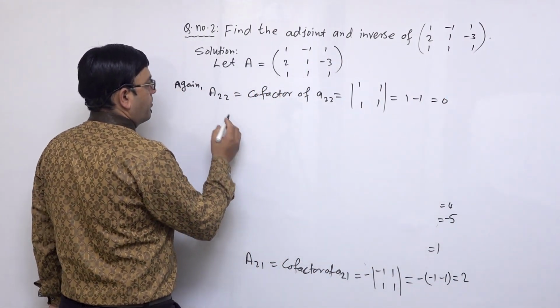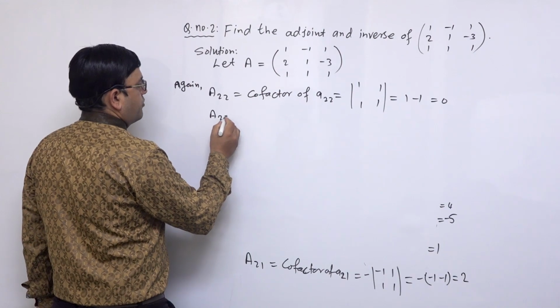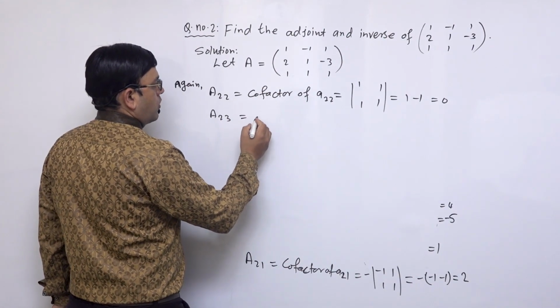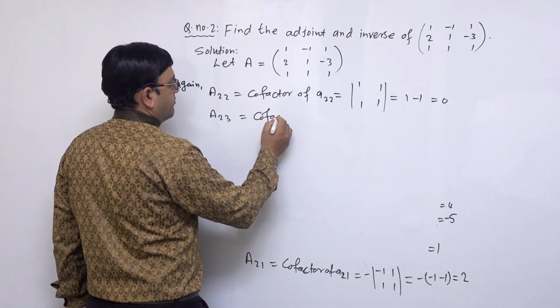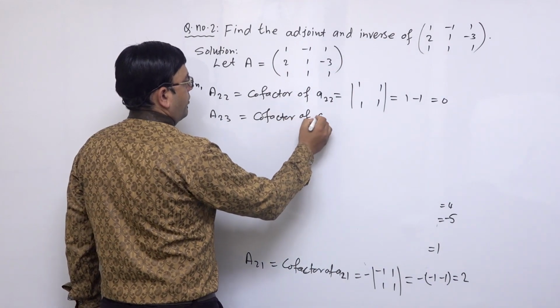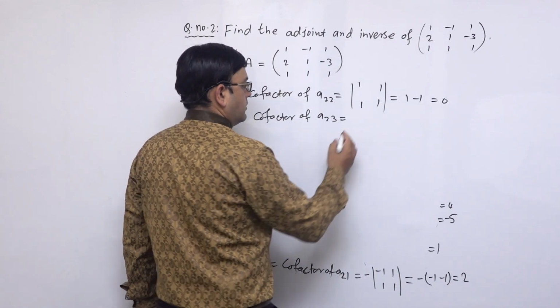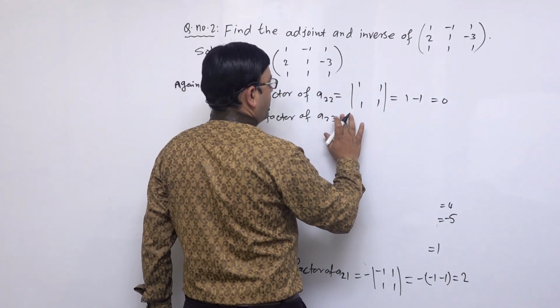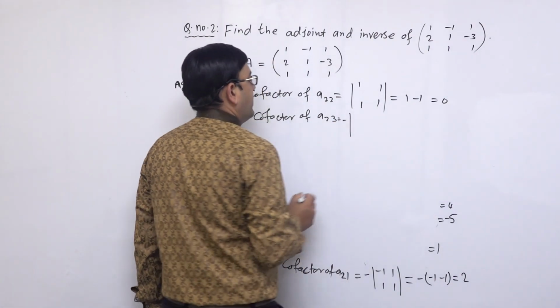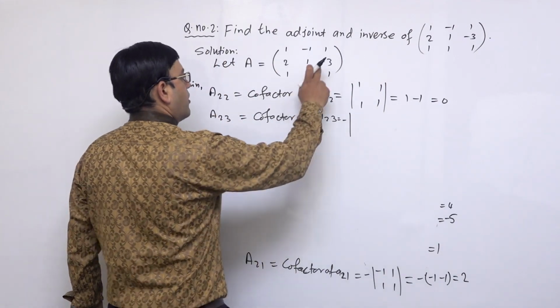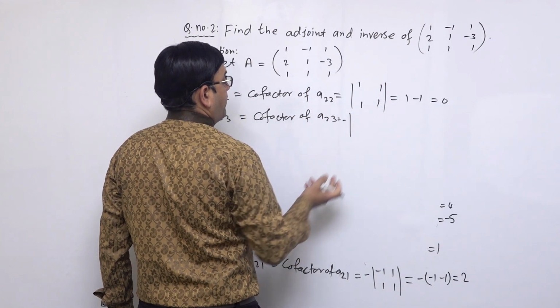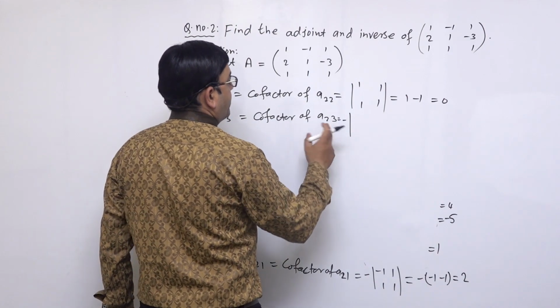Similarly, cofactor of A23. Here one negative sign will come because it is 2 plus 3, which is 5, so minus 1 to the power 5 is minus 1.